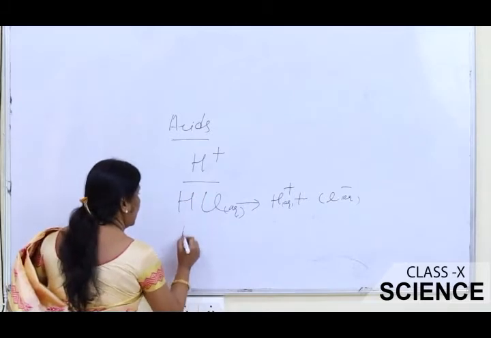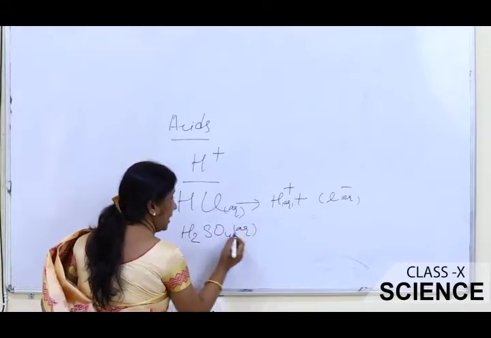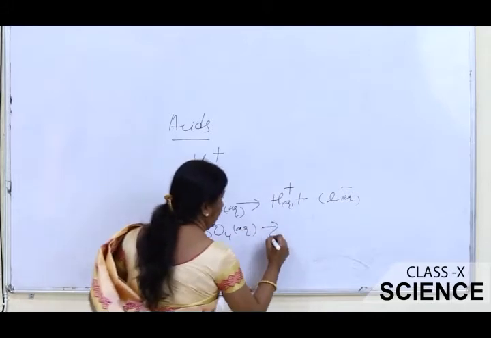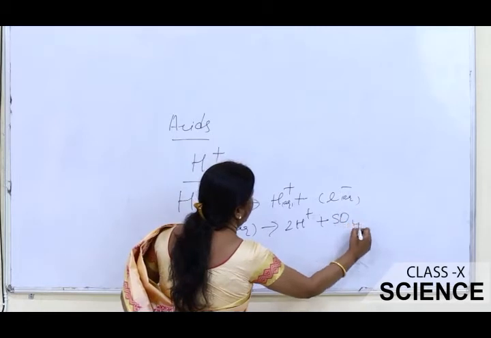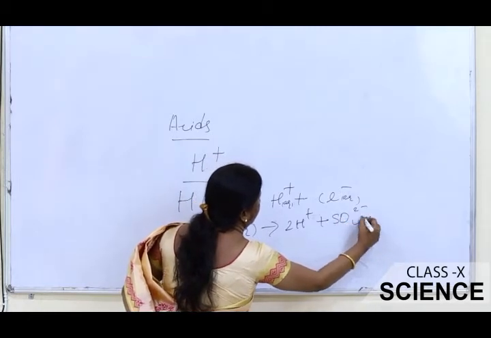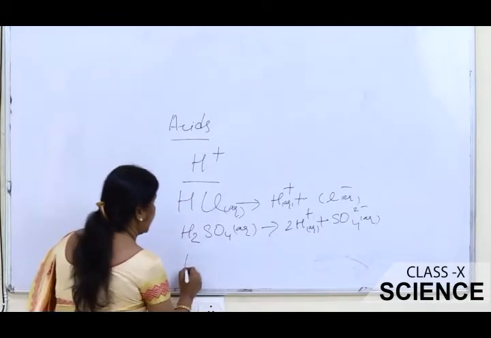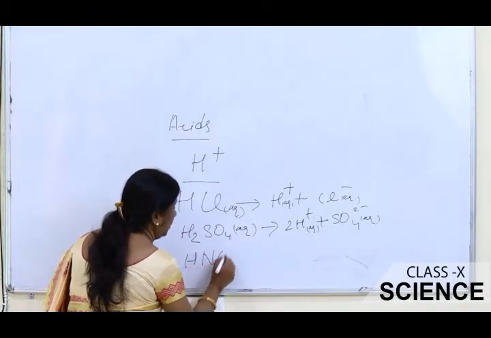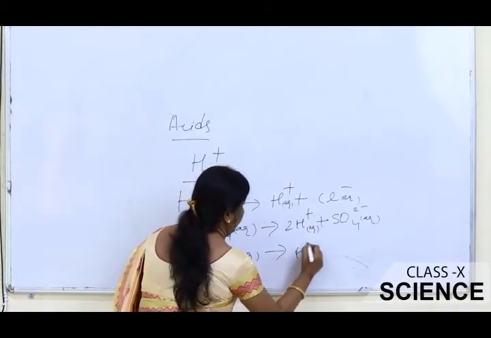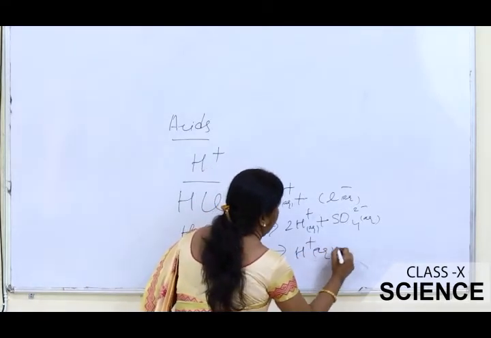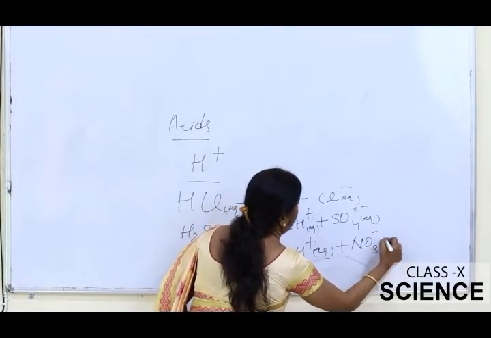Okay? We can take another example of an acid, H2SO4. Aqueous state means mixed with the water, it will form 2H plus and SO4 2 minus ion, that too in the aqueous state. Now another example we can take is HNO3, nitric acid. In combination with the water, it gives H plus ion and NO3 minus ion in the aqueous state.